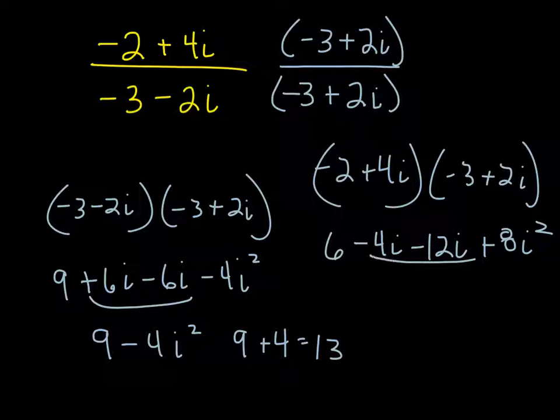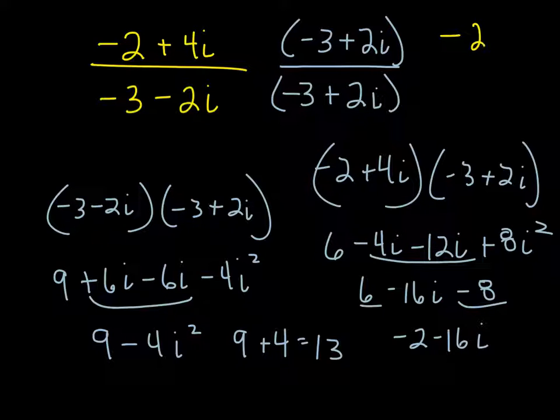Okay, so we're going to combine like terms, so we have 6 minus 16i, and then we know i squared is -1, so we have a minus 8. That -8 and the 6 can be combined, and so you end up with a -2 minus 16i for the numerator. So now when we write the answer, we end up with -2 minus 16i, all divided by 13. And that's the answer to that problem.